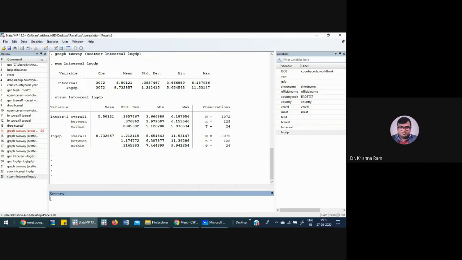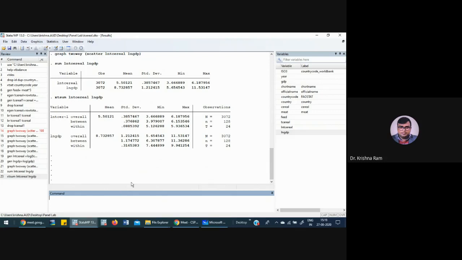Capital N is the cross-sectional unit, small n, and T is the time period. So with the xtsummary command, we are getting standard deviations across cross-sectional units and within cross-sectional units.